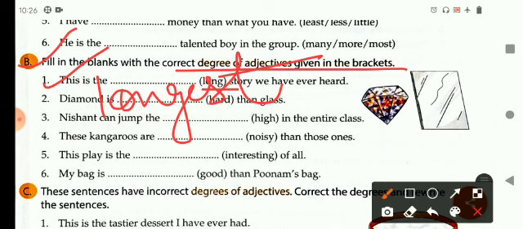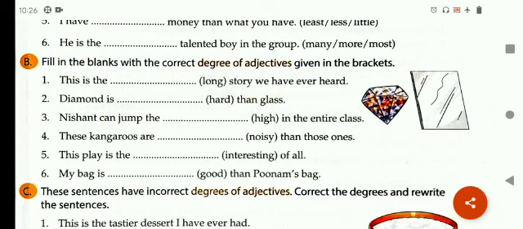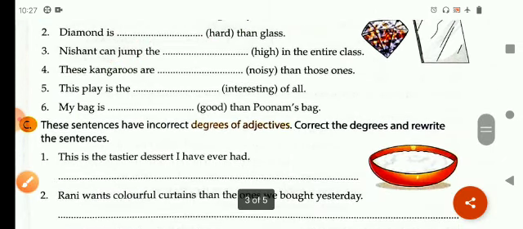Second one, diamond is dash than glass. Diamond is harder than glass because here it is compared with glass, and when there is a comparison between two, we always use comparative degree, and that is followed by the word than. Now children, in this way you can complete your rest of the sentences.